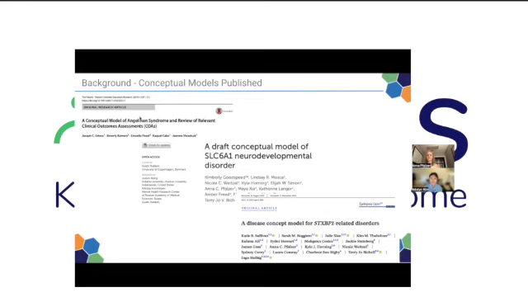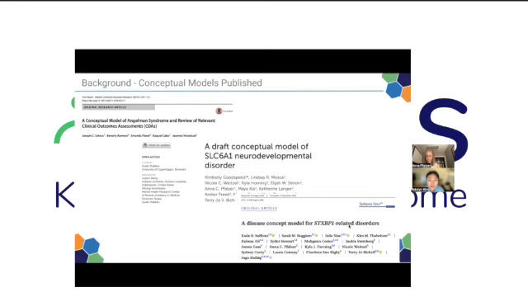This is a conceptual model that was done on Angelman syndrome, published about 5 years ago, and then 2 more recent papers on SLC6A1 related disorder, as well as STXBP1 related disorder.